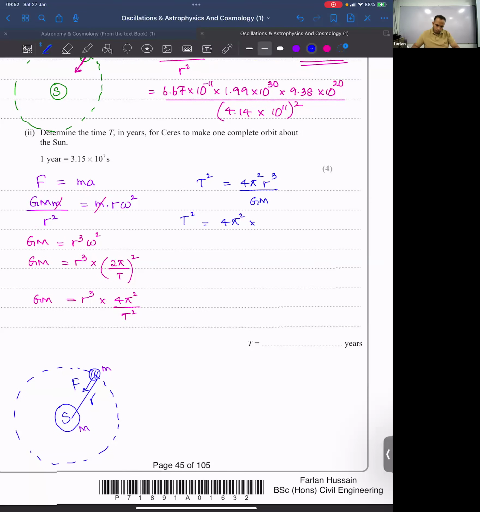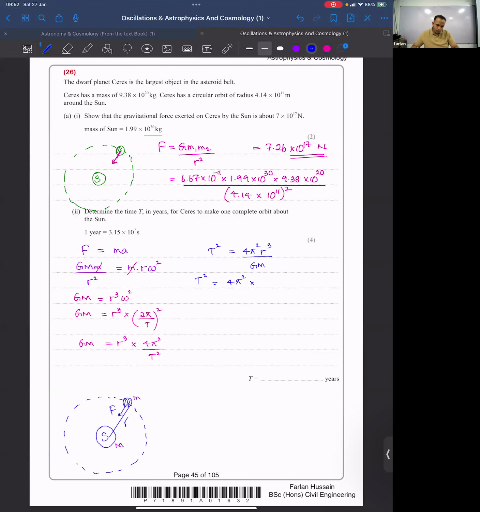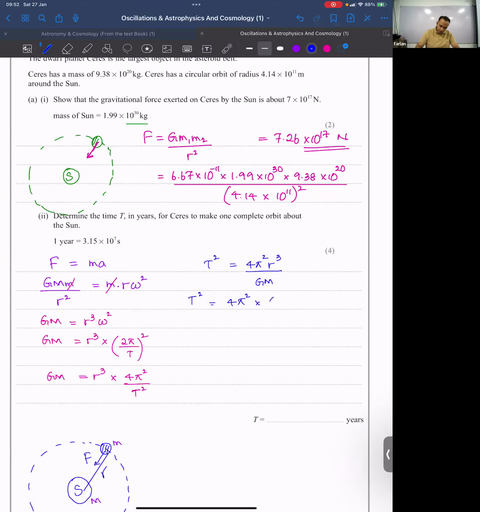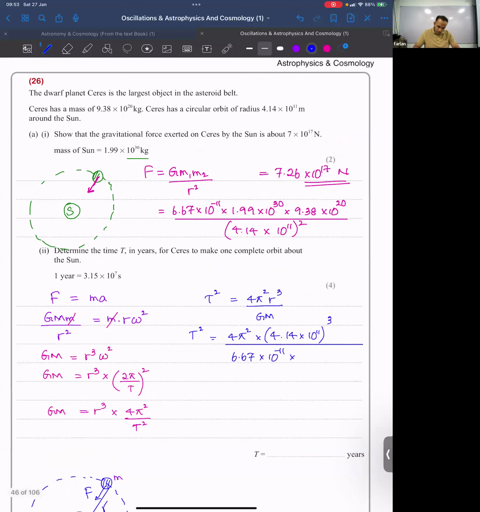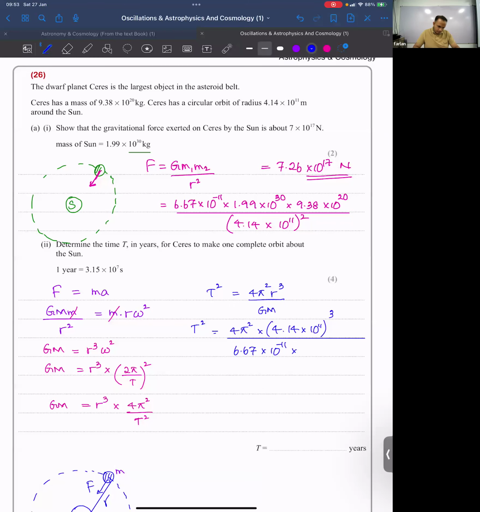R is given, this has a circular orbit of radius 4.14 into 10 to the power 11, and that cubed, over G, which is 6.67 into 10 to the power minus 11, into the mass of the sun, which is given as 1.99 into 10 to the power 30.